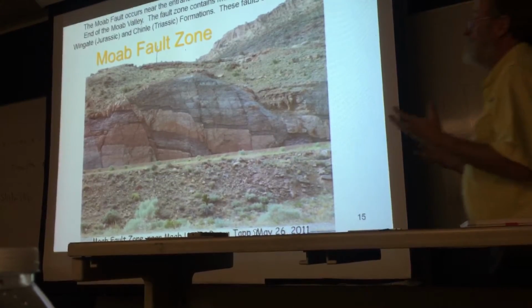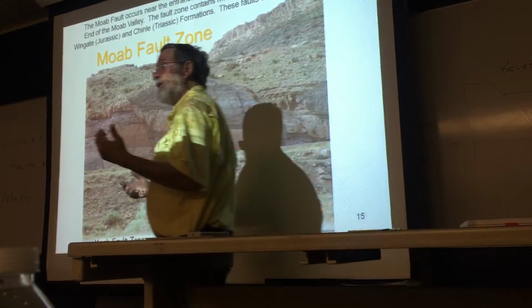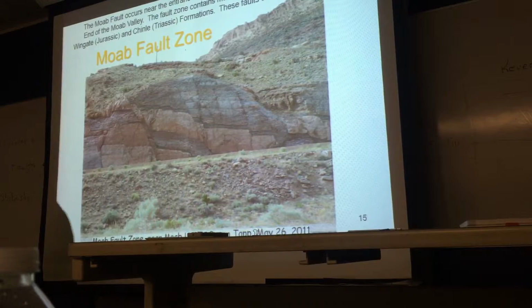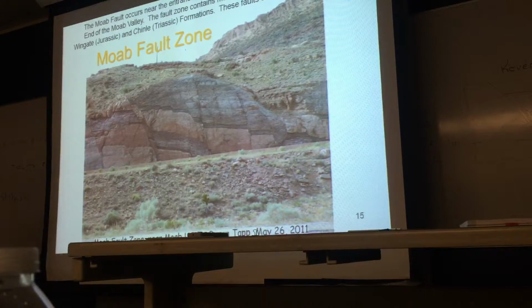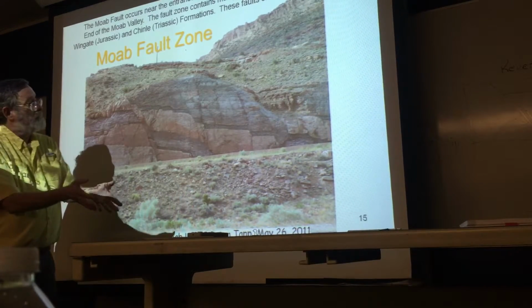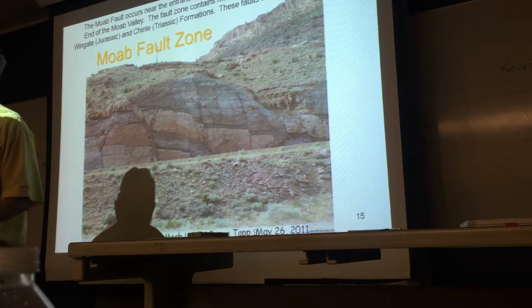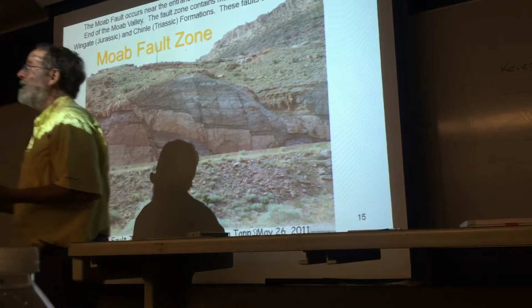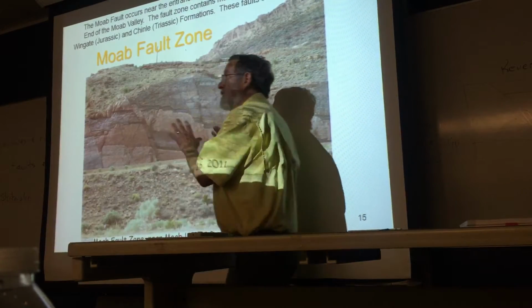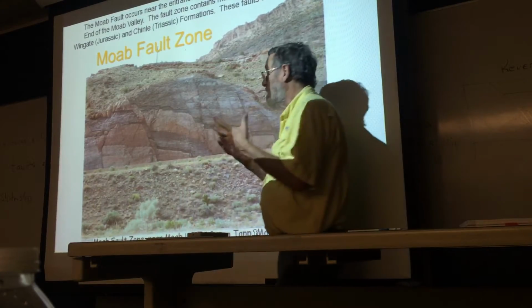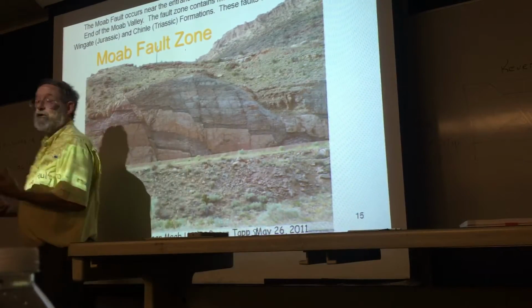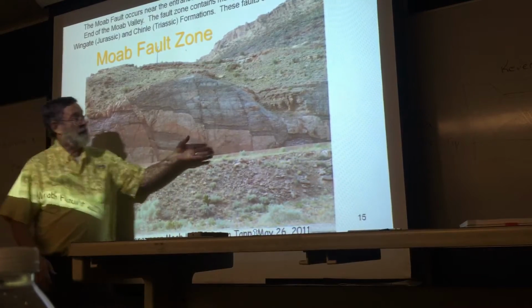This is part of the Moab fault zone, which is both normal and strike slip. But this little exposure, and I took this photo from the parking lot of Arches National Park, is very, very accessible. This is a normal system. And so if we look at it, it is down, down, down, down, down.